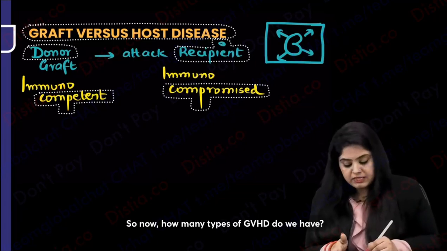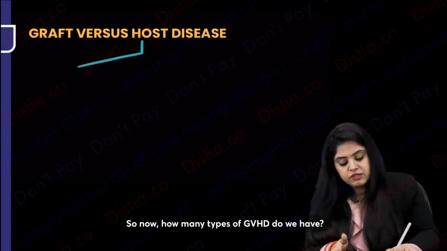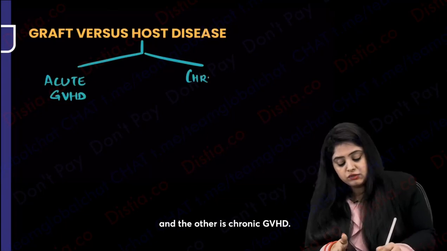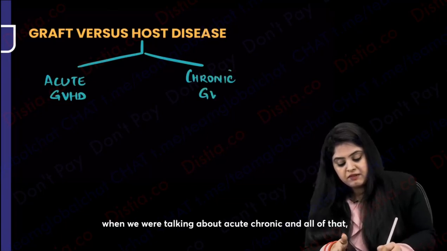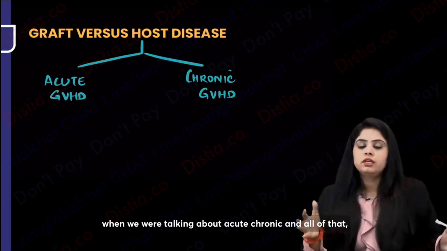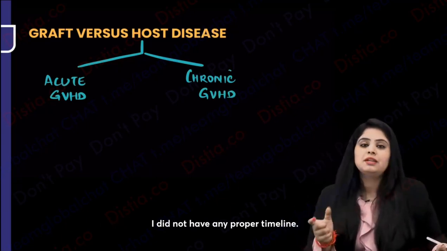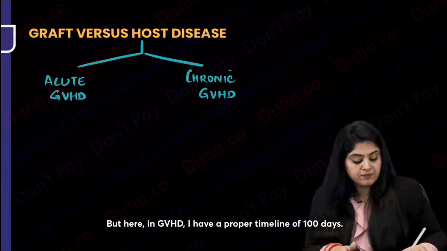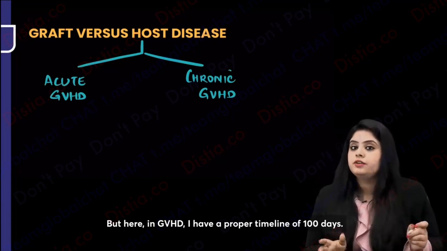So now, how many types of GVHD do we have? GVHD is of two types. One is acute GVHD and the other is chronic GVHD. In the previous one, when we were talking about acute, chronic and all of that, I did not have any proper timeline. I used to say weeks to months, months to days, all that. But here in GVHD, I have a proper timeline of 100 days.